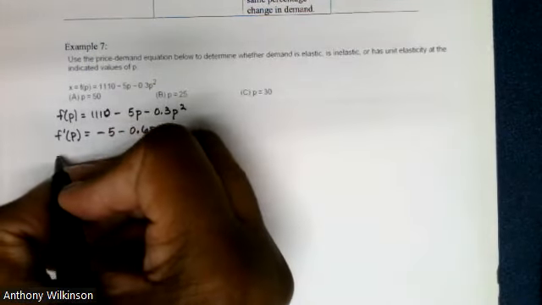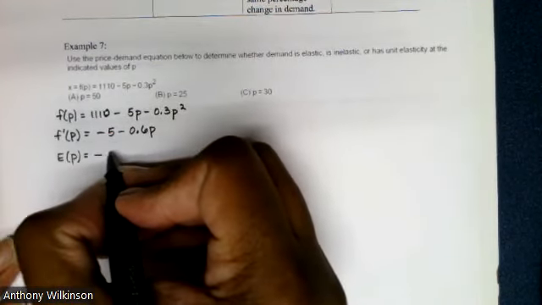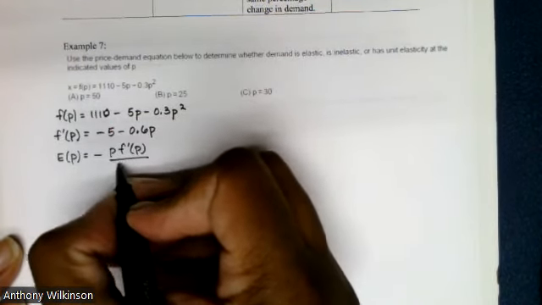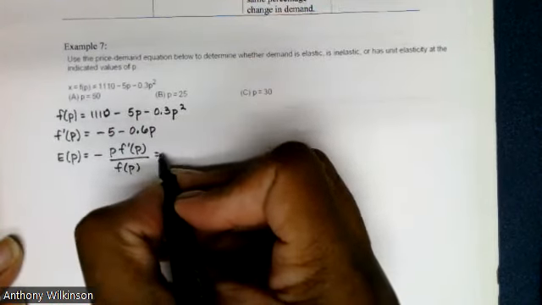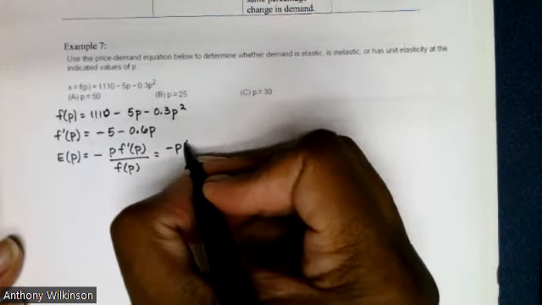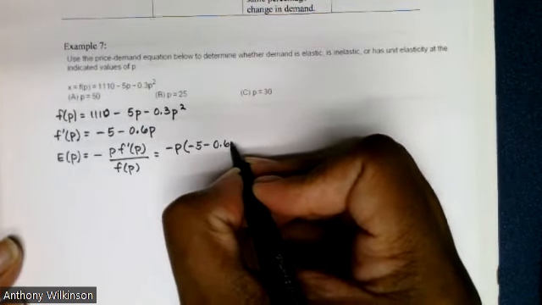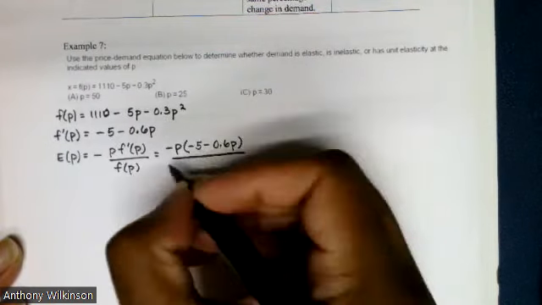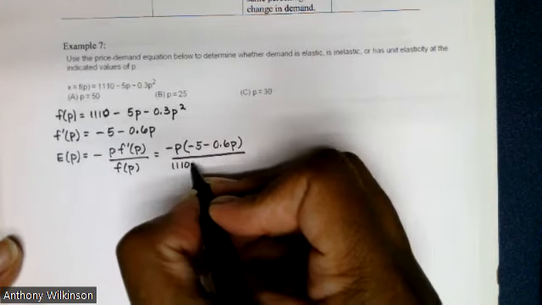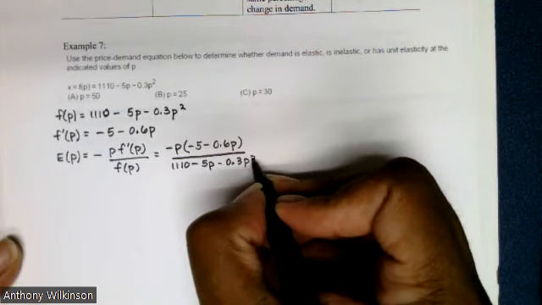And then E of P is going to be negative of P times F prime of P divided by F of P. I'm going to bring the negative where that P is, so it'll be negative P times F prime of P, which came out to be negative 5 minus 0.6P, divided by F of P, which is 1110 minus 5P minus 0.3 P squared.